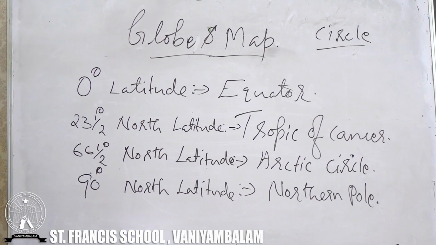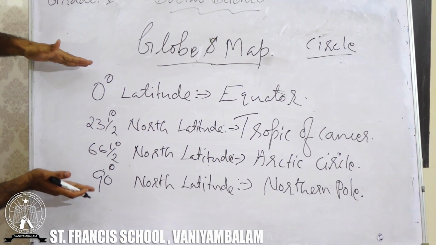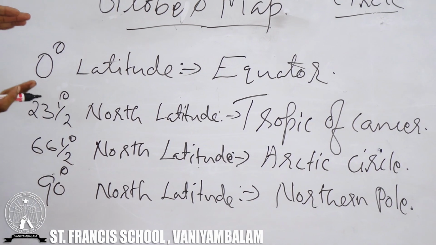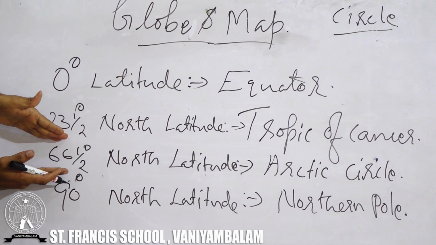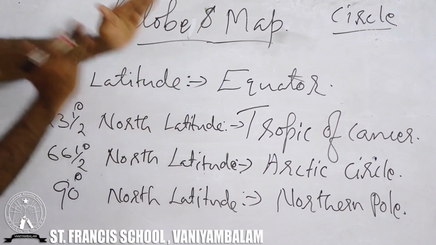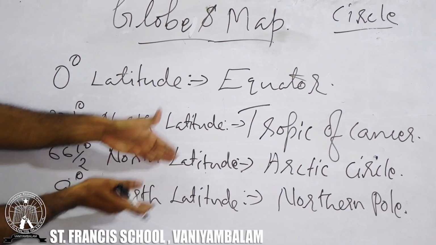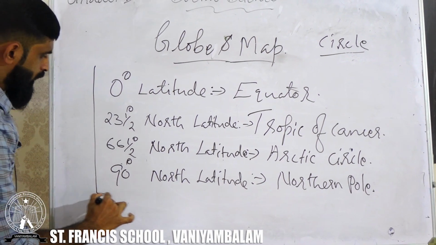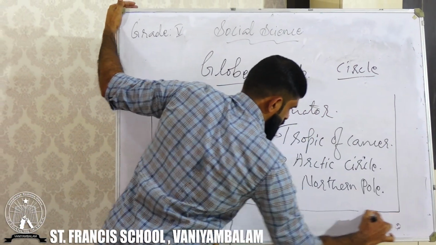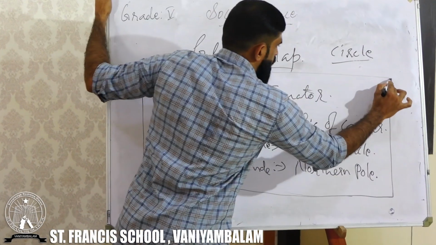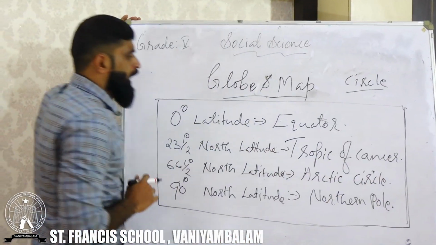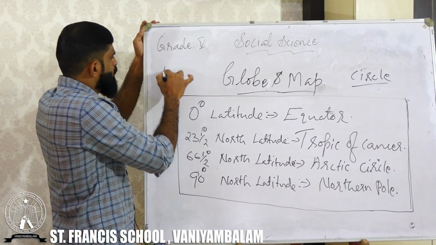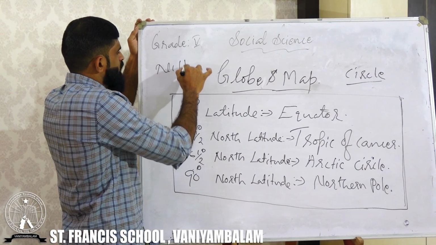So now we learned 4 important ones: 0 degree latitude is equator, 23.5 degree latitude is Tropic of Cancer, 66.5 degree is Arctic Circle, 90 degree north latitude is Northern Pole, right? These are the important latitudes in the Northern Hemisphere.